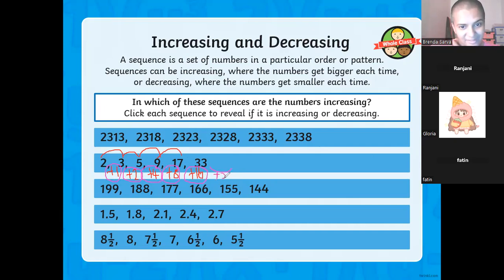Very good, Fatin. Well done. So the next number would be 32. So the pattern here is that the number being added is doubled up. So if 32 is going to be added, what would be the next term? Term means the answer. So 33, the next number would be? The next term would be?